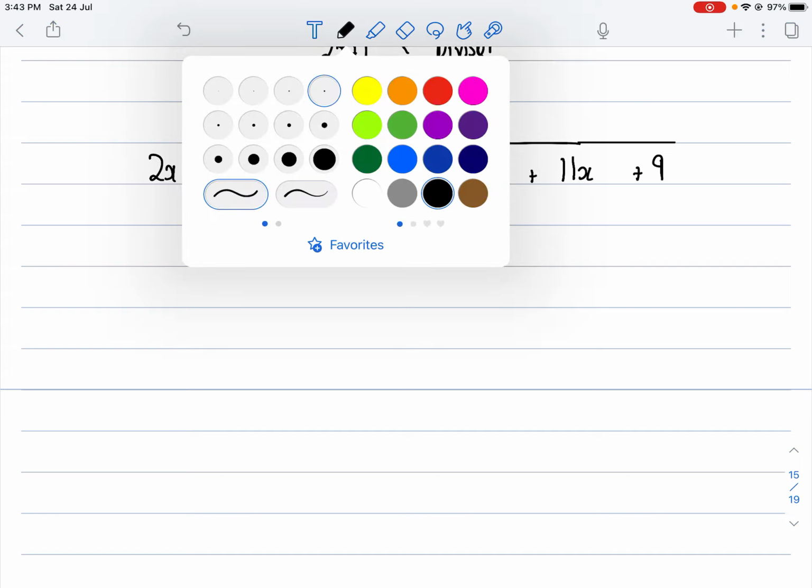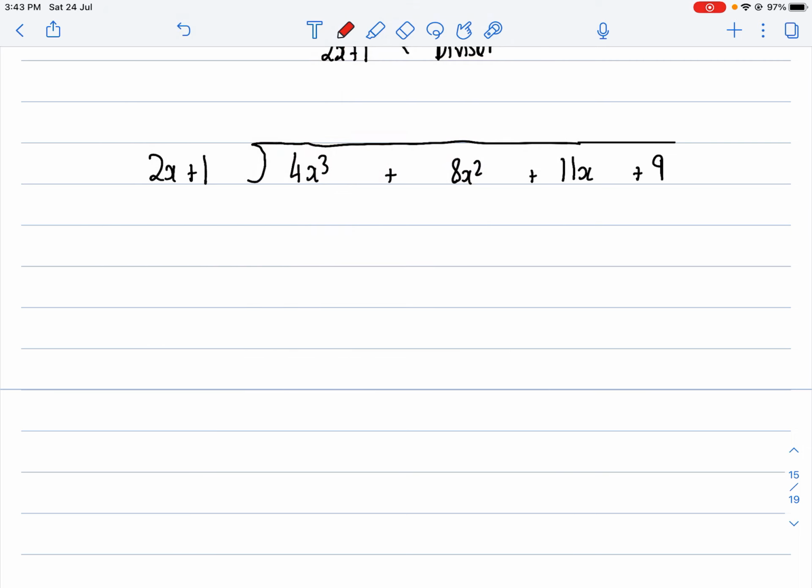Step 1: I need 4x cube here. Now what should I multiply by 2x, which I have here, to get 4x cube?